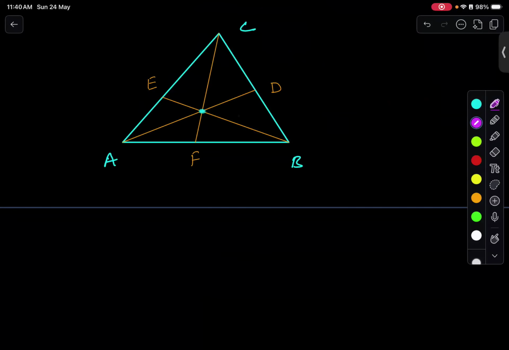And then we have to see: the area of CPD is X, the area of CPE is 84. Let this be Y. Let this be 40. This is 30 and 35. Then we have to find the area of the triangle ABC.